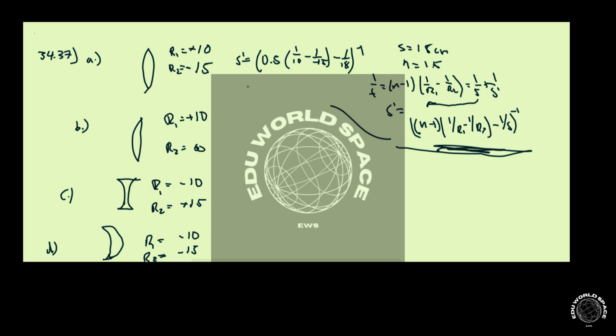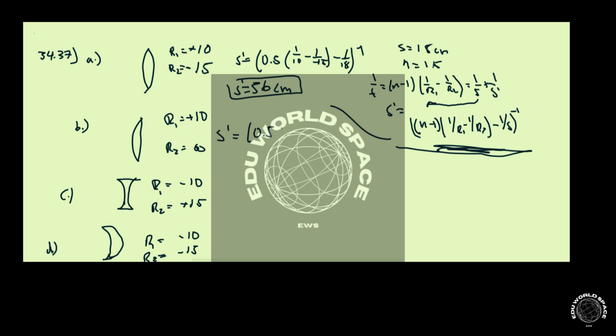If we plug that in our calculator, this comes out quite nicely, and we're left with 36 centimeters. Perfect. This is a positive image distance, so that's going to be 36 centimeters to the right of the lens.